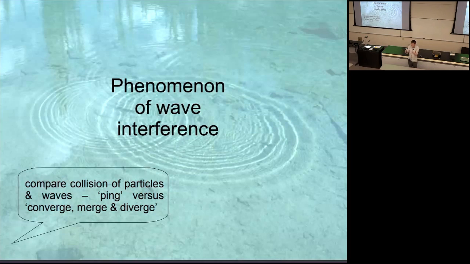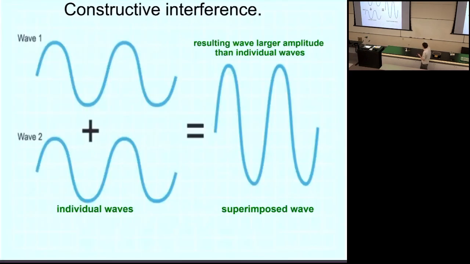It's a much smoother, much more continuous coalescing of the waves, then merging of the waves, and then decoalescing of the waves. So they approach one another, they converge, they merge, then they diverge. And it's in that process that we see interference, and we're going to see constructive and destructive interference. So I've got two slides here, one to show you constructive interference, and the next one will be destructive interference.